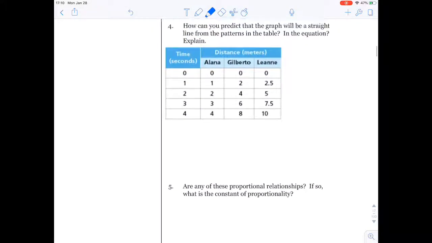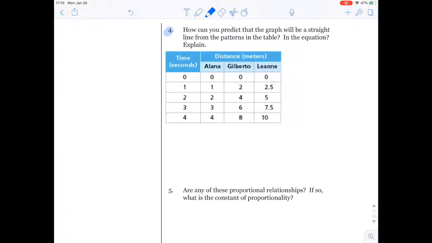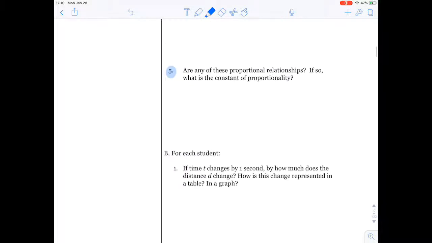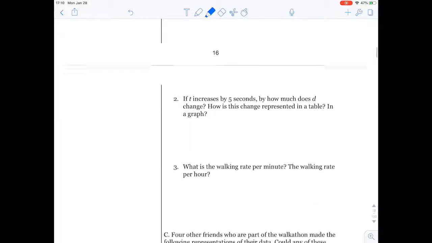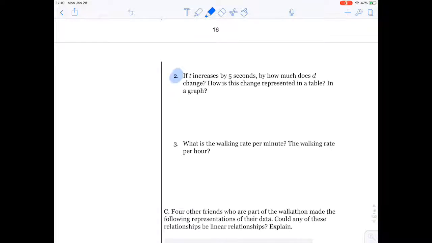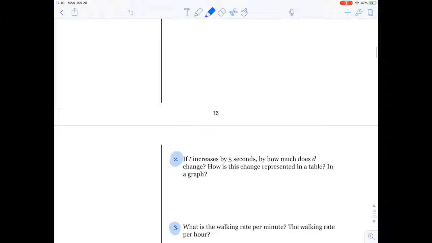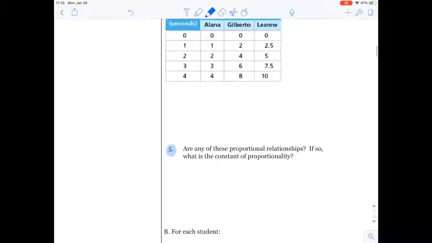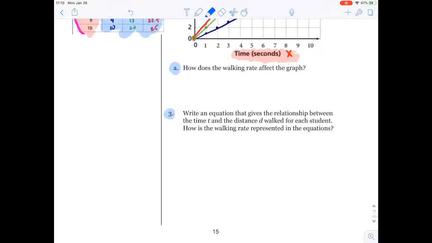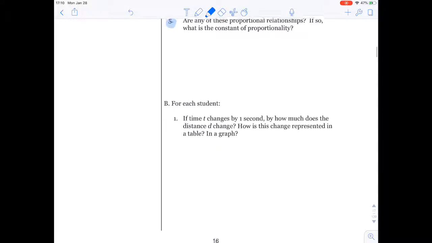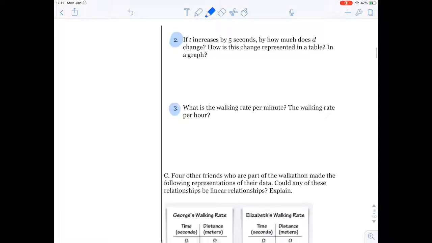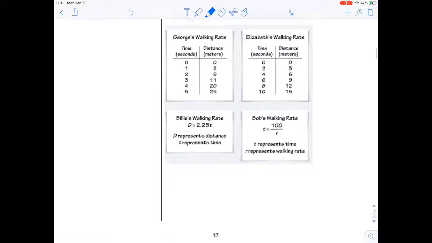And then we'll do 4, 5, and then we'll go down here to 2 and 3. Okay, so 2A, 3, 4, 5, number 2, and number 3 on page 17.